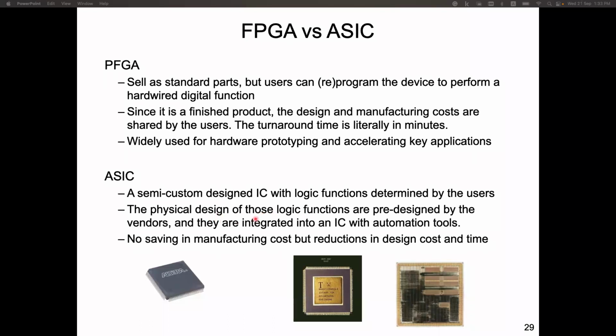The physical design of these logic functions are pre-designed by the vendors. And they are integrated into an IC with some design automation tools. And this way, we don't save manufacturing costs, but we save the design cost and time.